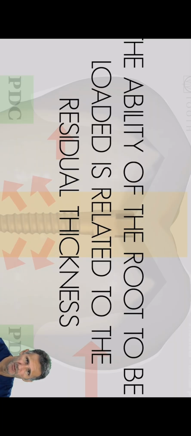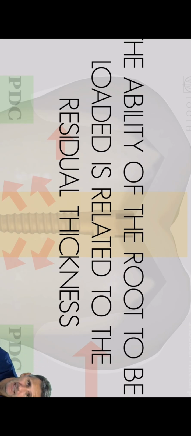Not so many. But if you have a root with a big hole and a rigid post, the way most cast posts were made in the past, the chances that the root will be loaded beyond its ability to withstand the load are higher.